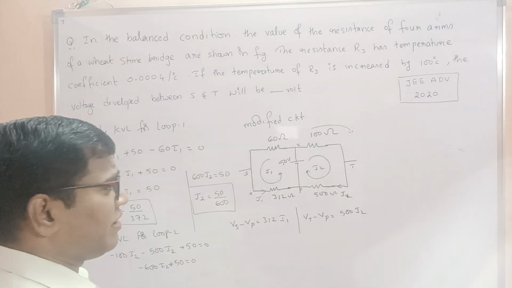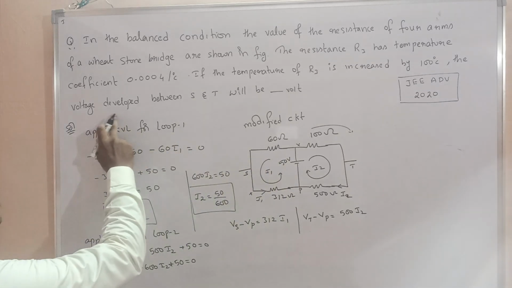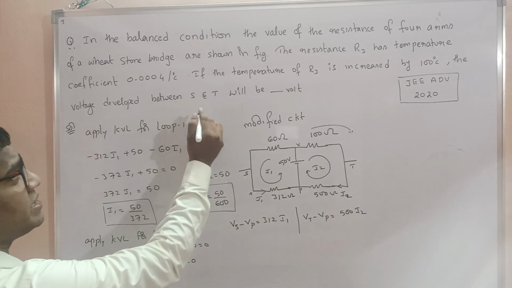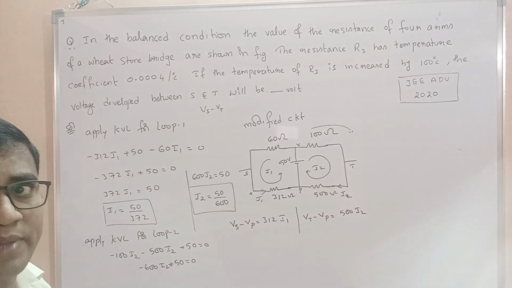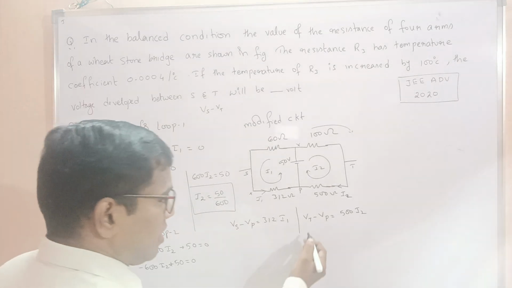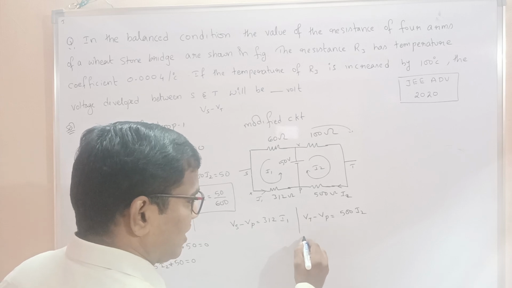So our intention is to find the value of Vs minus Vt. He is asking the potential developed between S and T, which is Vs minus Vt, we have to calculate.